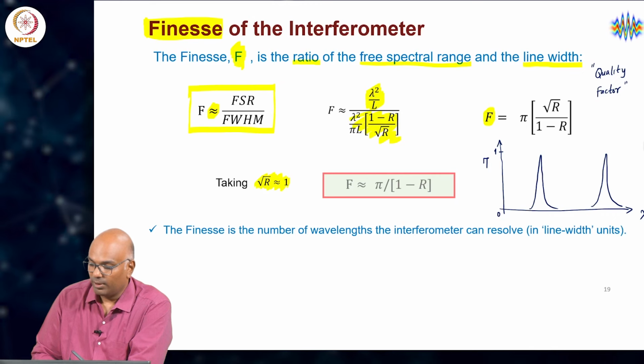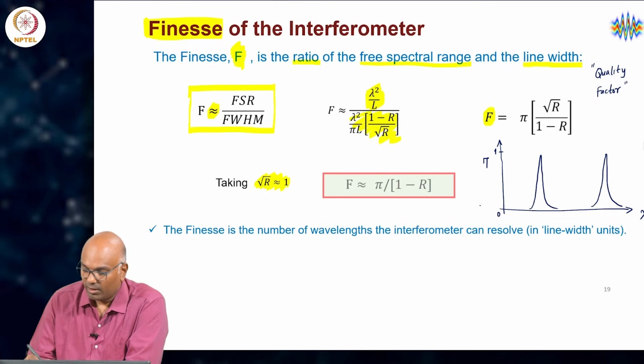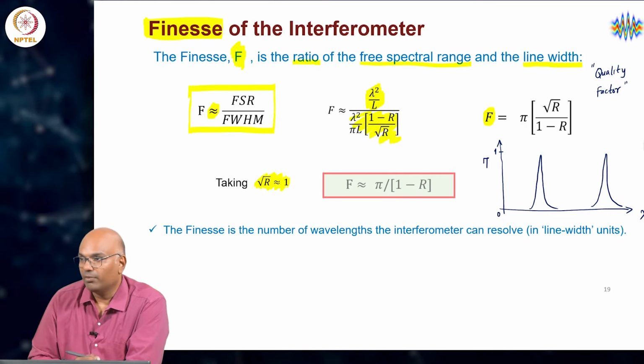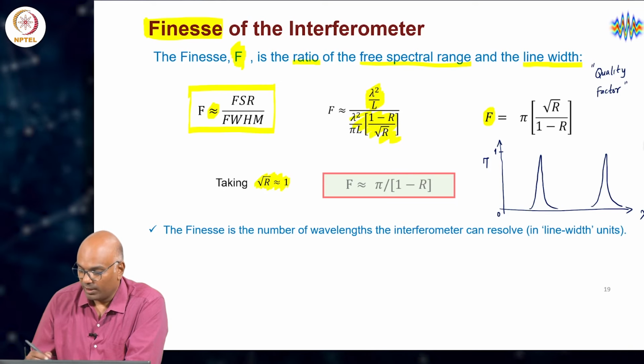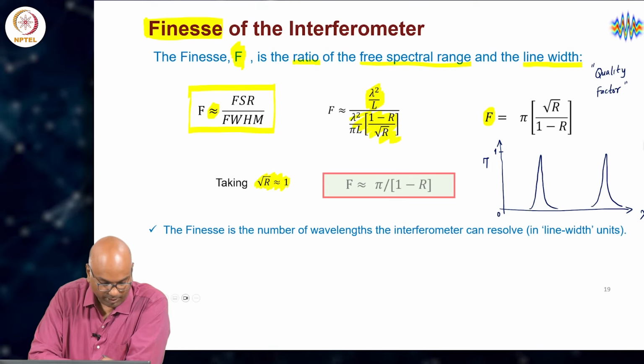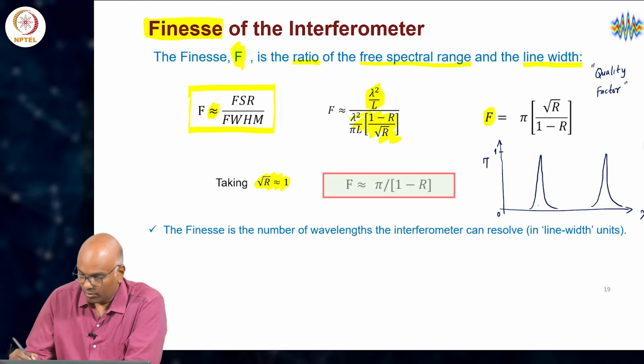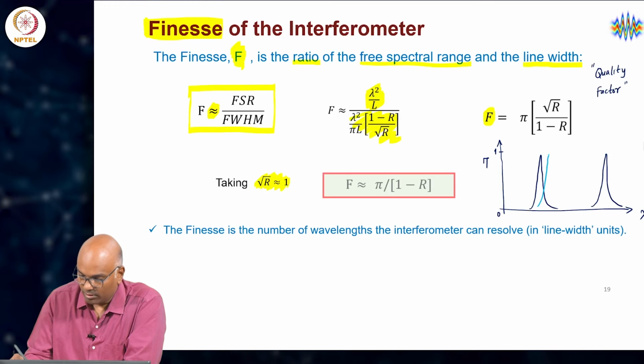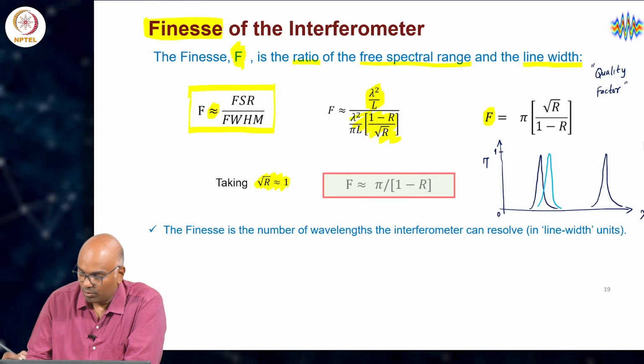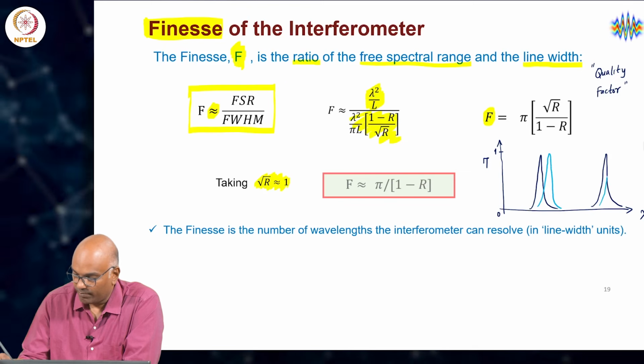So think about this. I can use the resonator in many different ways, but if this is a spectrometer, then what is its job? The job of a spectrometer is essentially to distinguish two close by wavelengths.